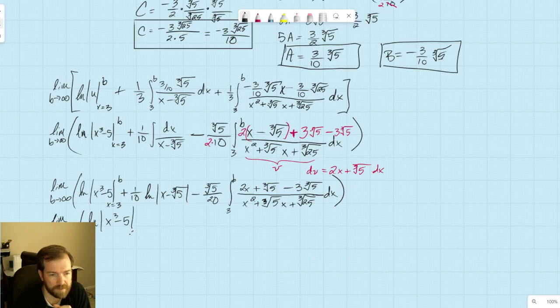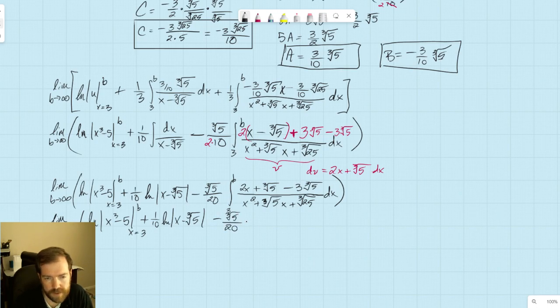You're gonna be able to see it just up here. All right, plus 1/10 natural log absolute value x minus cube root of 5. All right, minus cube root of 5 over 20.